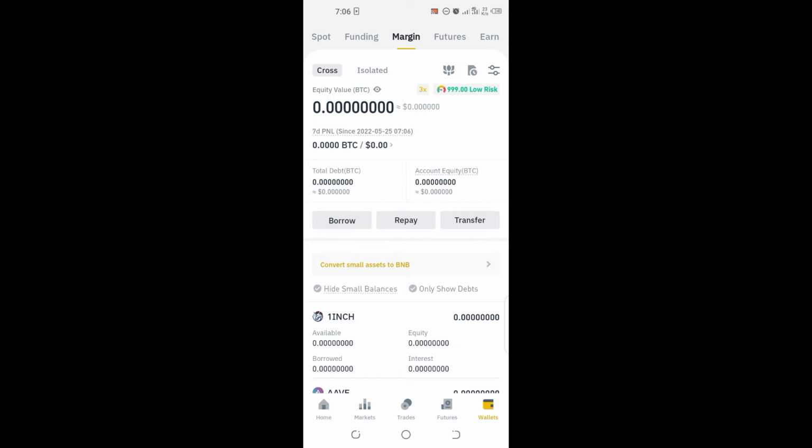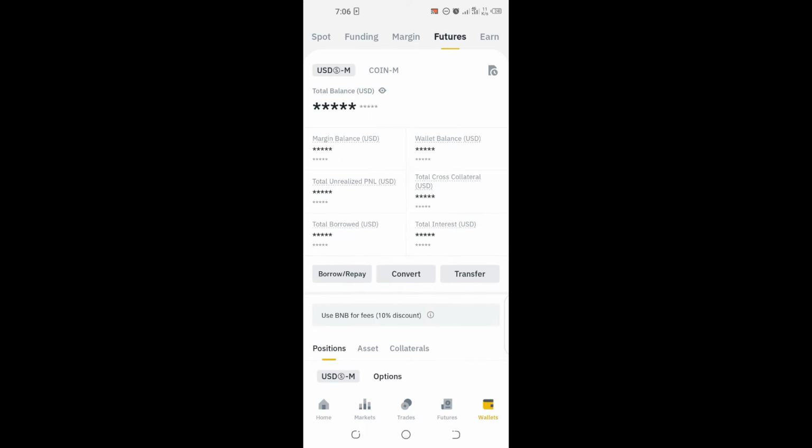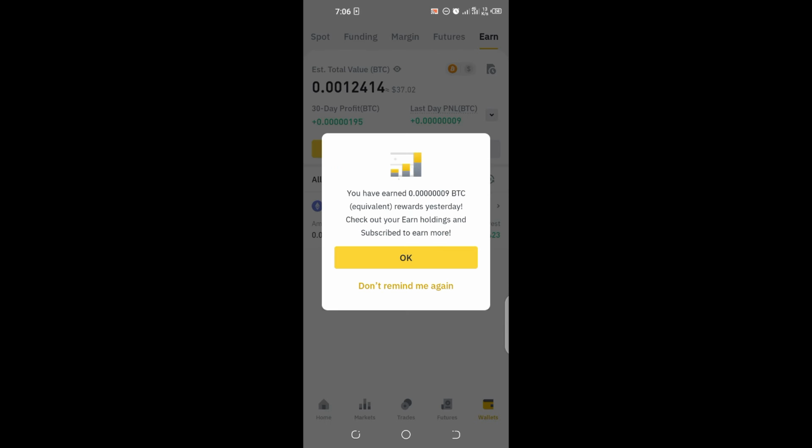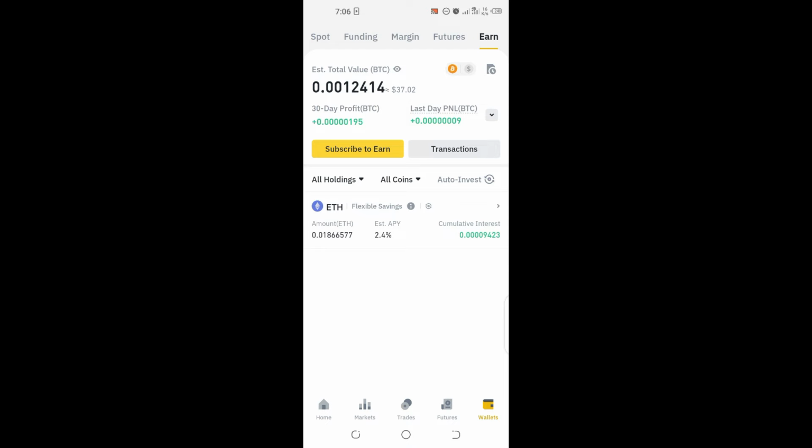Right now I have nothing on the margins. And then you have your futures. On the futures, I have $14 US. Also you have earnings here, which represents assets that are generating daily rewards for you. You find them under earnings. So this is how to check your various wallets.